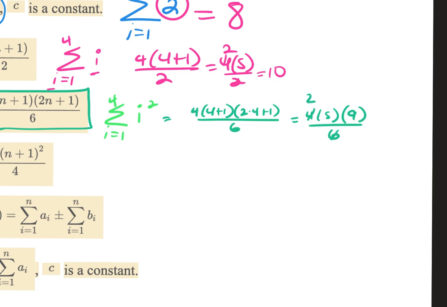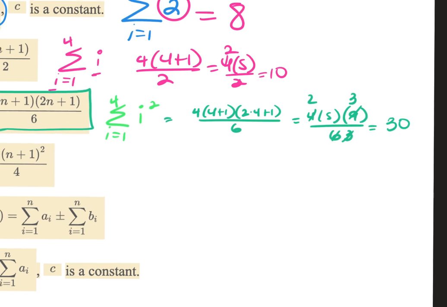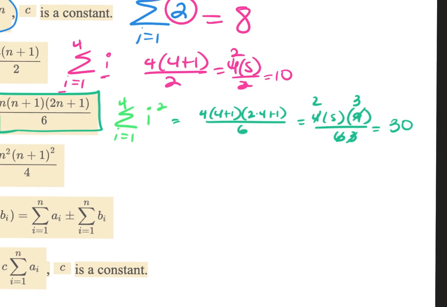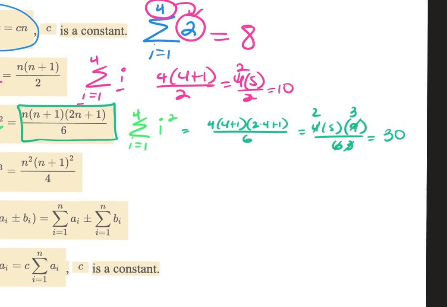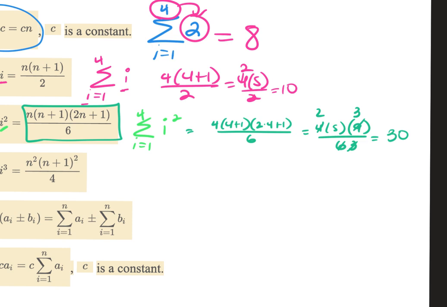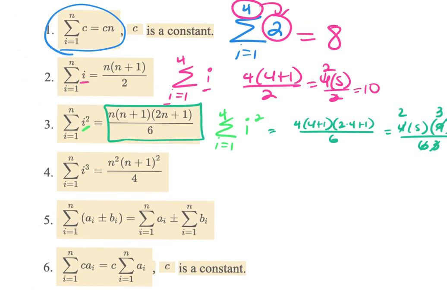I would simplify, make my life easier, and I get 30. Still with me? Even without a calculator, this is so much easier than this. I mean, not if that number at the top is 20. 20 is not that big. You're going to plug in 1, 2, 3, 4, 5, 6, 7, 8, 9, 10, 11, 12, 13, 14, 15, 16, 17, 18, 19, 20, and then add them all together. Yeah, not advisable.